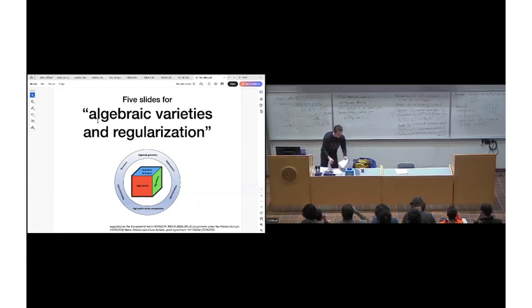Okay, so now I'm going to choose a different regularization function and the story will be very similar, except we're going to need to consider a different kind of varieties. This is called entropic regularization.